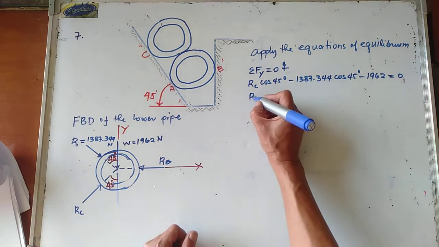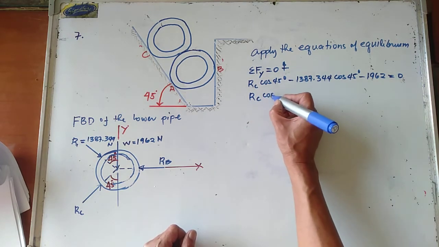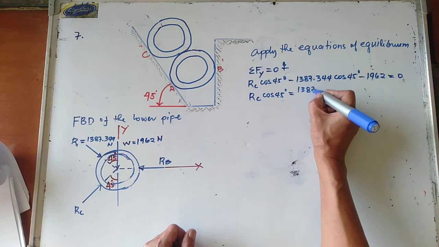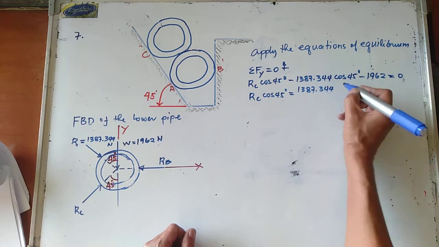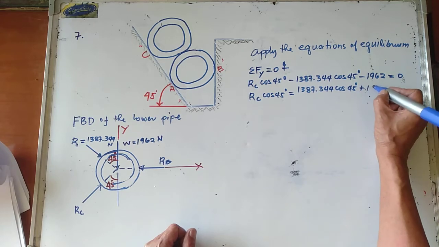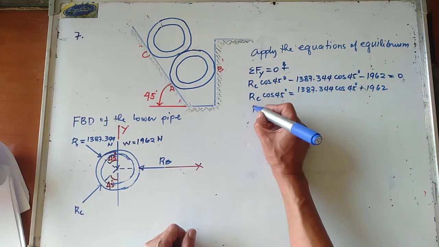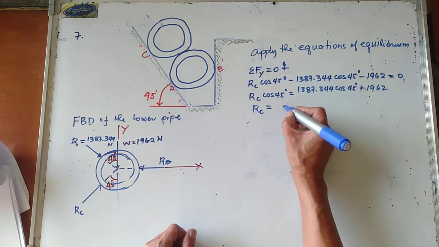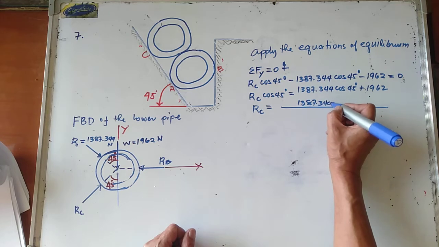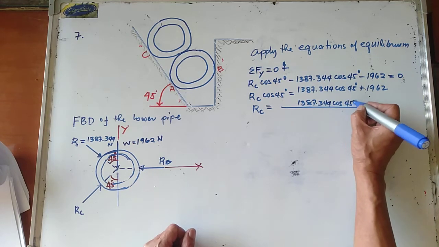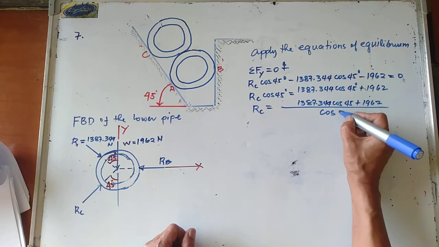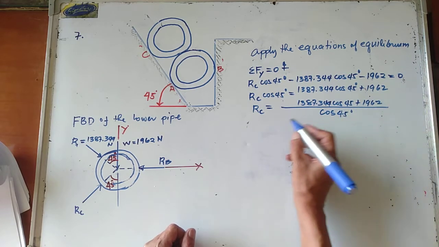So that your RC cosine of 45 degrees is equal to 1387.344 cosine of 45 degrees plus 1962. Hence, the value of RC is now equal to 1387.344 cosine of 45 plus 1962 divided by cosine of 45 degrees.